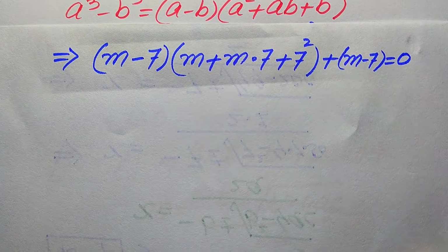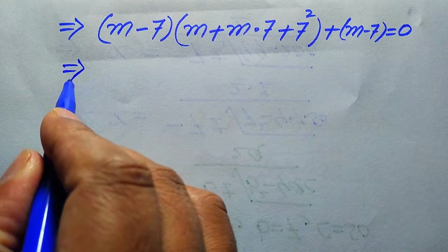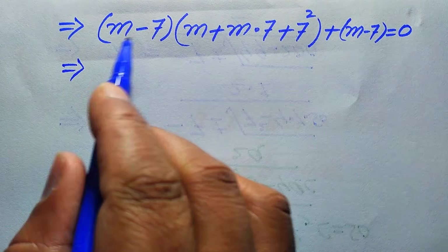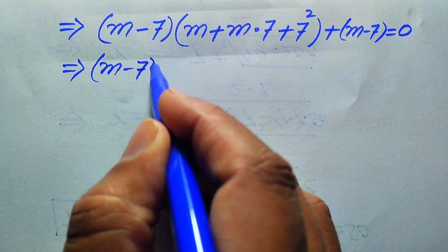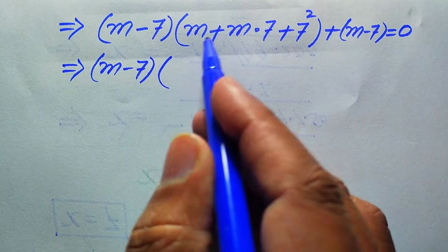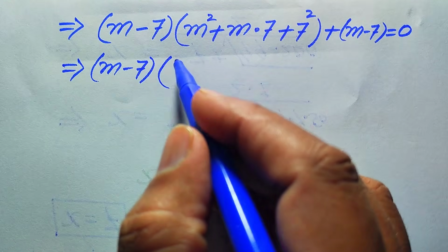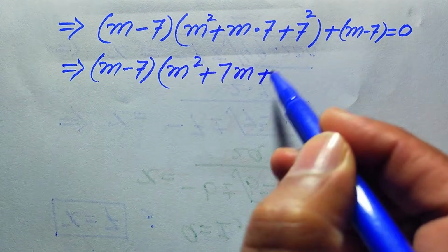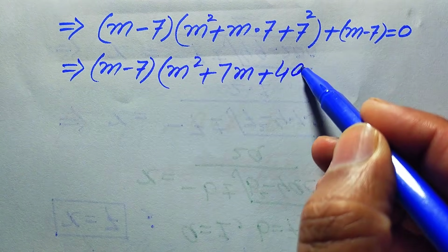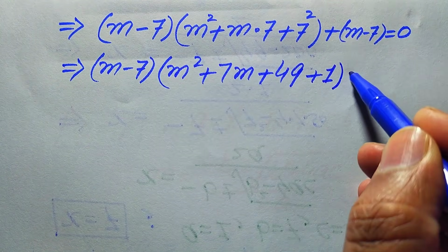And now in the next step we need a little bit more simplification. Here m minus 7 is the common factor, so we take m minus 7 common, and the remaining values are m square plus 7m plus 7 squared, which is 49, and when we take common m minus 7, we again get plus 1.